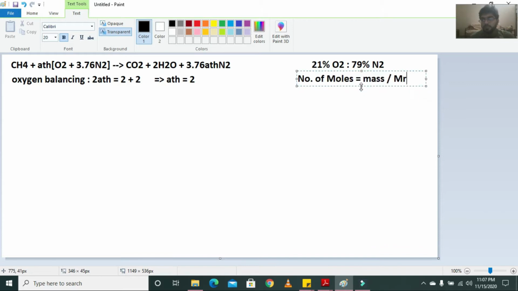So when I am going to rearrange this equation, I will get mass is equal to moles multiplied by mR, which is the molecular mass of air. So this is what we have done here. Instead of writing a mass, I have written down the number of moles and the molecular mass of the air.